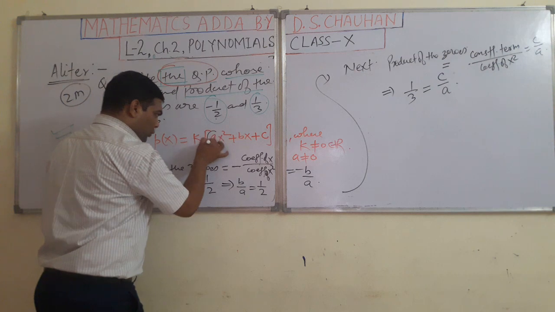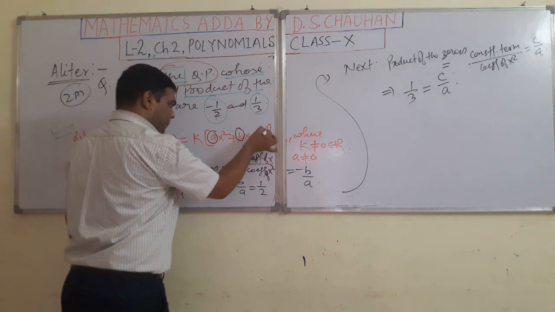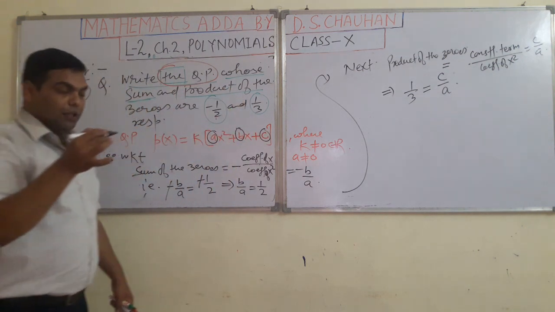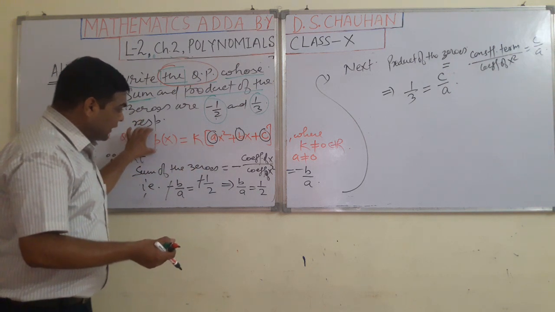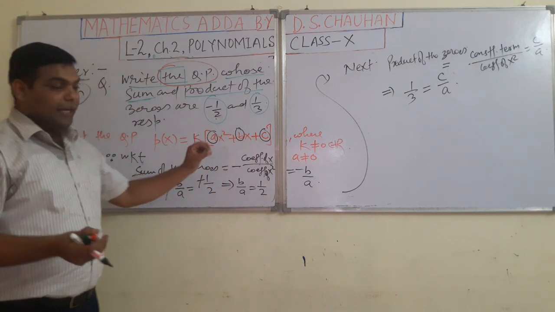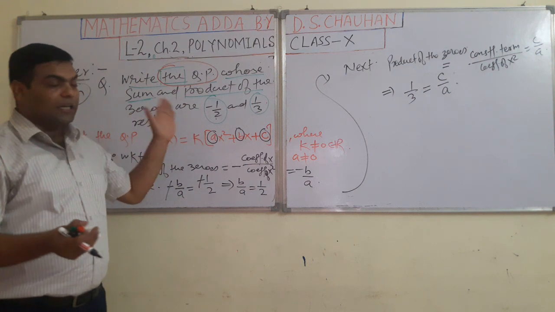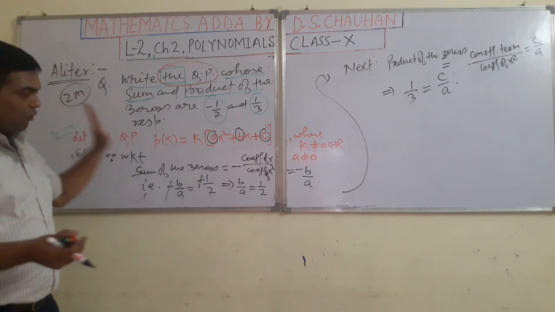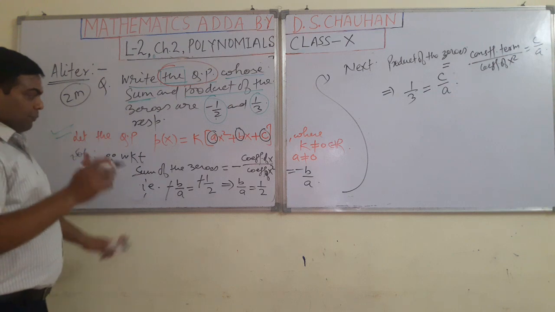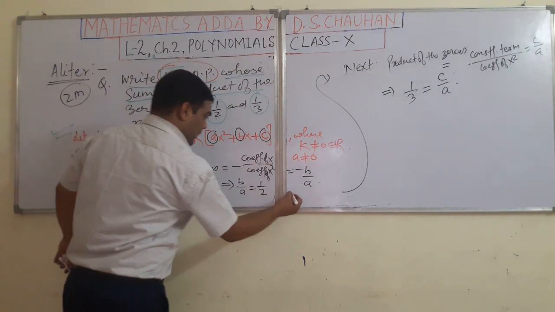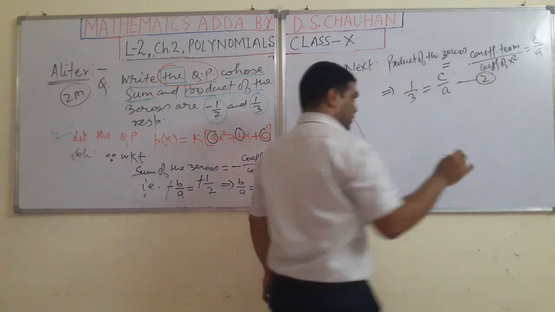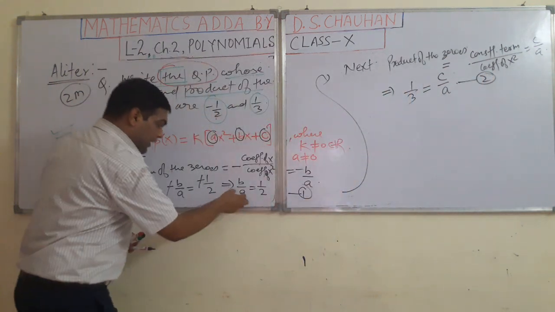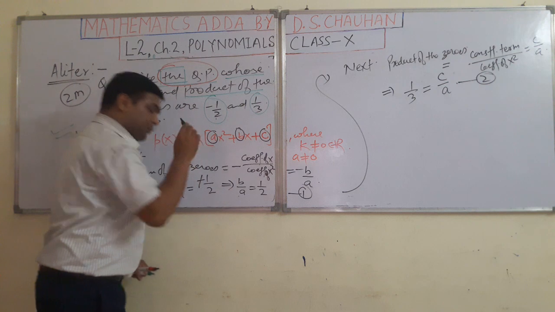If somehow we are able to get the values of a, b and c, and finally putting the values of a, b, c in this polynomial, we can get the required quadratic polynomial. See, I am telling you the way. If you see equation 1 and equation 2 both clearly, the denominator of both is a.